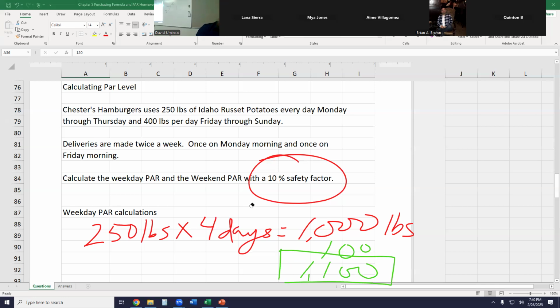That is our weekday par. So when that truck drops off on Monday, I want to make sure I'm up to 1,100 pounds. We all see how we got that? Any questions about how we get 1,100 pounds?